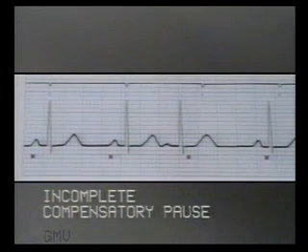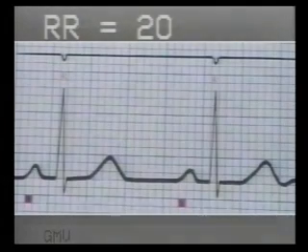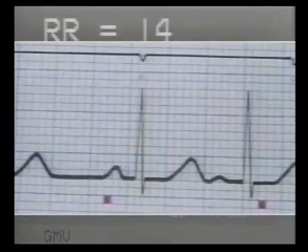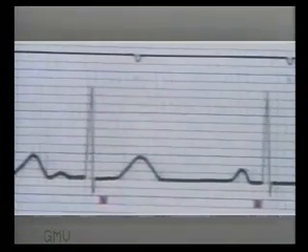In contrast, in this tracing, the beat after the premature beat has occurred before the next expected beat. So this is an incomplete compensatory pause. To study the compensatory pause, count each RR interval. The first normal RR interval is 20 small squares. The RR interval of the premature beat is 14 small squares.